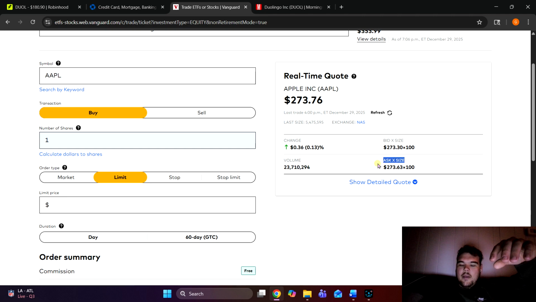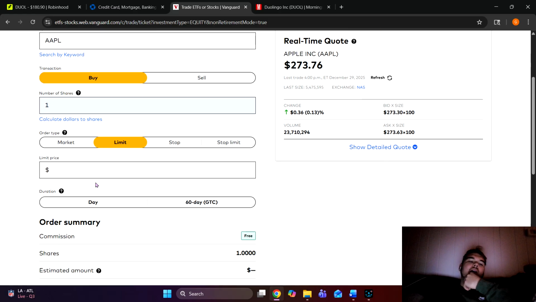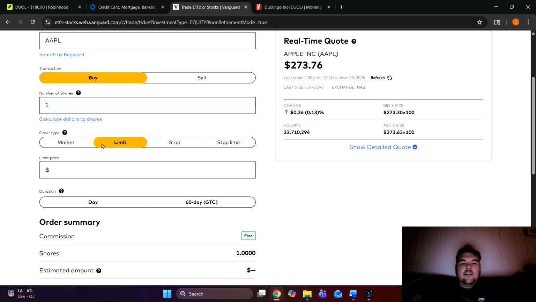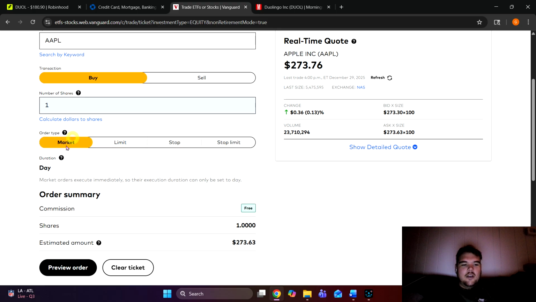Basically, the higher the spread, the more risk you're taking on. So the higher the spread, that's when I put in a limit order to try to catch it in the middle. Maybe somebody's selling in the middle there. Who knows? But if you just want the stock now and you don't care about the penny crunching, then probably just do a market order.